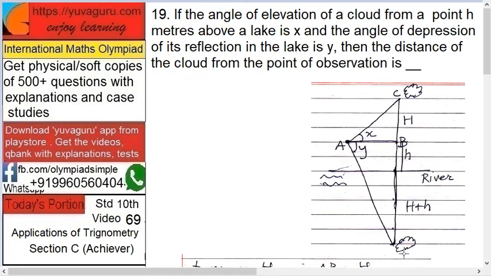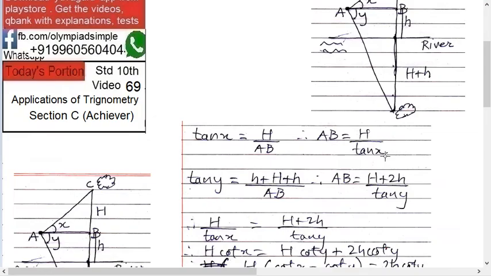When I look down at the reflection, the total vertical height between me and the reflection is small h first, and then the fully reflected height, so it will be H plus 2h. This is the only trick in this problem. So let's solve it now.